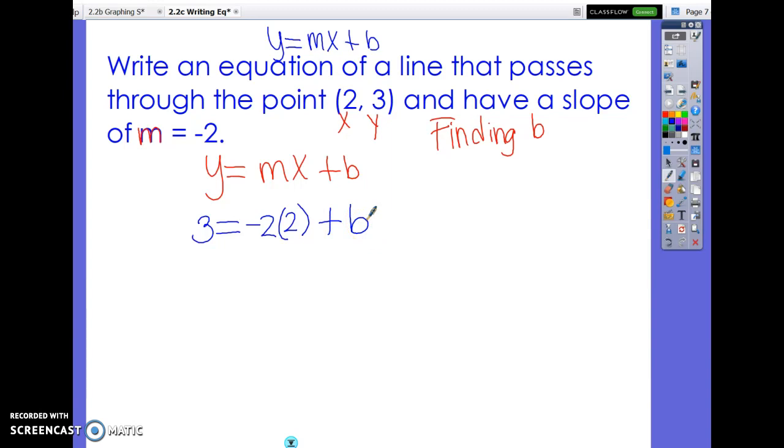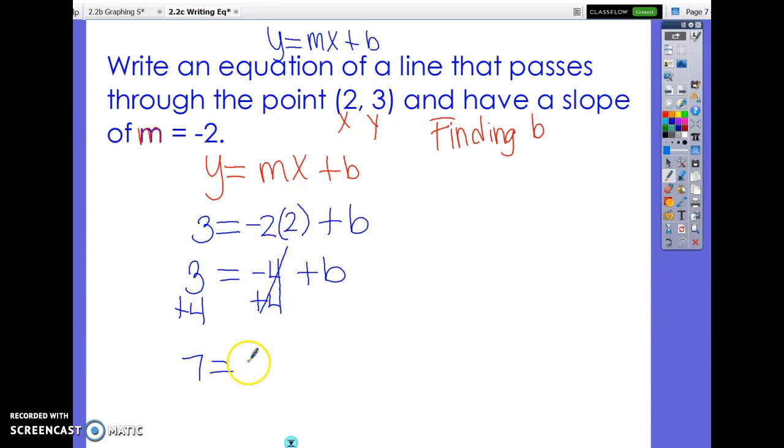Well, this is a throwback to Unit 1, so we're just going to solve like we did in Unit 1. 3 is just 3. -2 times +2 is -4, and we're still adding b. Well, to solve for b, the opposite of -4 is to add 4. 3 plus 4 is 7.